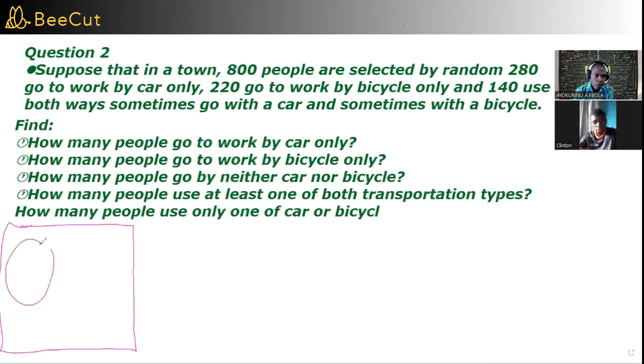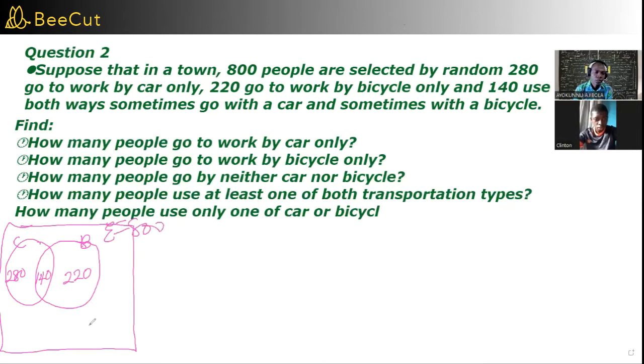This circle and the other circle, just two, because we are given two items to compare: car and bicycle. This is the region for car only, which is 280. And this is the region for bicycle only, which is 220. And this is 140 used both ways. So 140 are here. And our universal is 800.